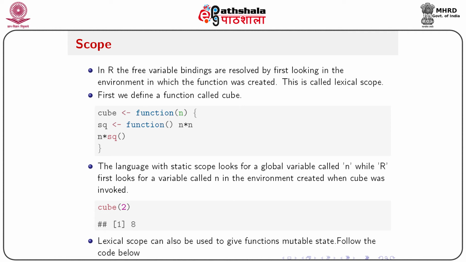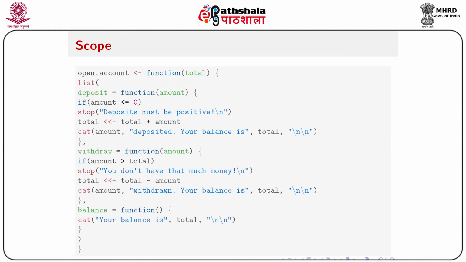Follow the code below. Here I just created one piece of code where open.account equals function total list and deposit amount. Once deposit, if the amount is less than or equal to 0, then stop, deposit must be positive. And if more than 0, then total equals total plus amount. Whatever you deposited should be added to the total available balance in your account before you deposit.